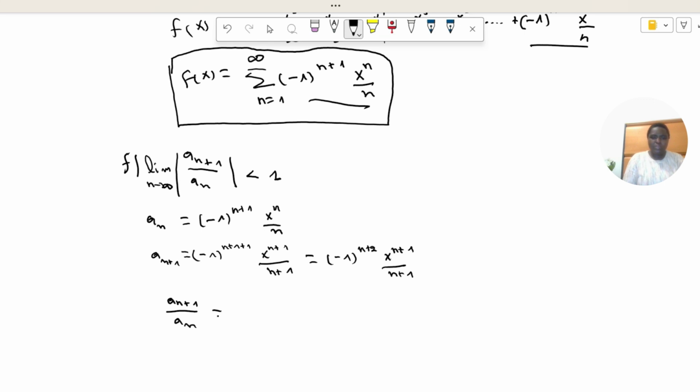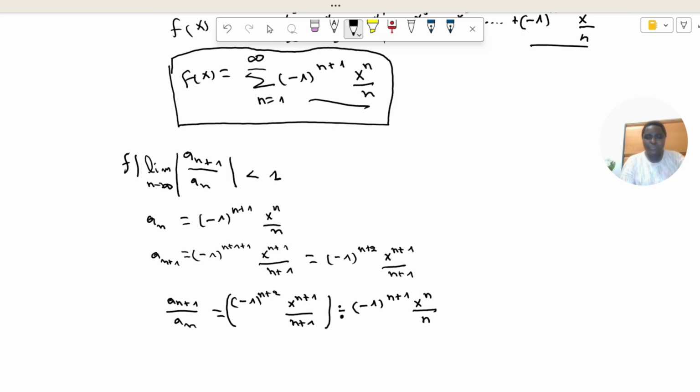This ratio will be equal to minus 1 power n plus 2 times x power n plus 1 over n plus 1, and this should be divided by minus 1 power n plus 1 times x power n over n.